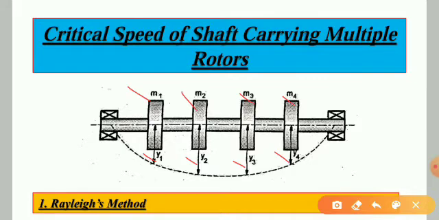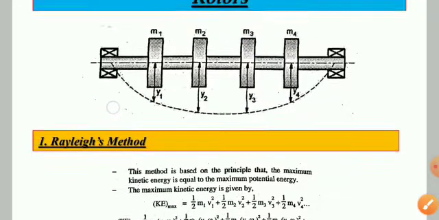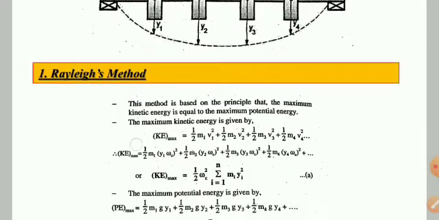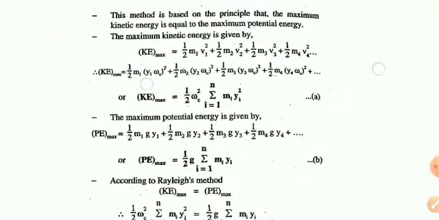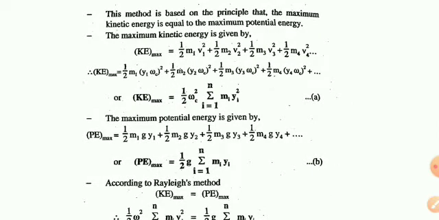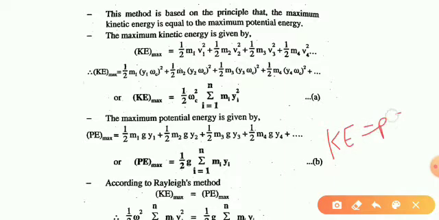The first one is Rayleigh's method. This method is based on the principle that kinetic energy is equal to potential energy, KE equals PE.